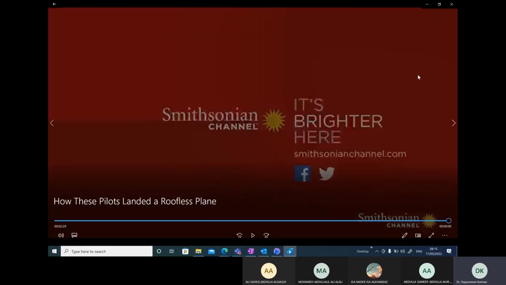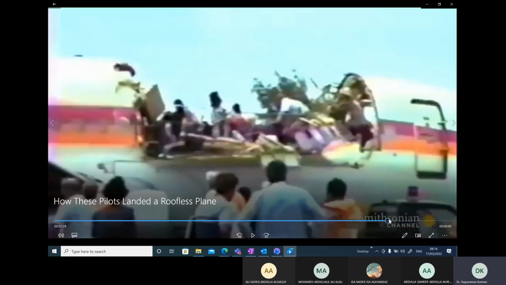Okay, so in the last part of the video, you saw the actual aircraft. You can see the damage caused on the aircraft due to the fatigue phenomena. What has happened in forming the aircraft body here?